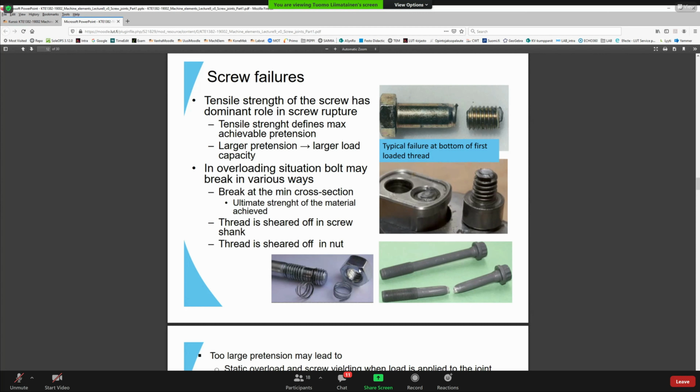But if it's on the suspension and it happens gradually and then it breaks all the nuts on the suspension and the whole thing just collapses, then that's not good. But yeah, it depends on where it is and what it's doing. That's the main point here. You cannot always say that it's the best that the bolt will shear off, or that the nut will shear off, or that the bolt shank will break at the middle. It depends.